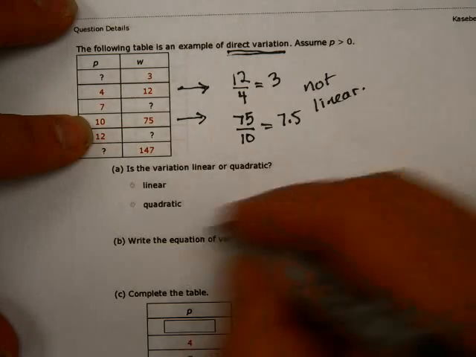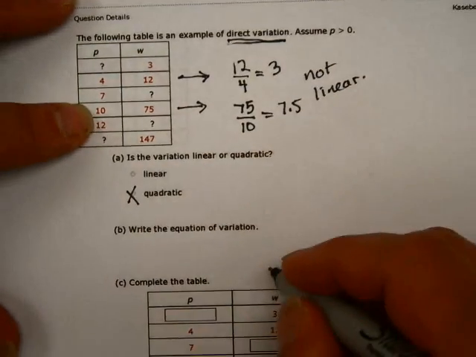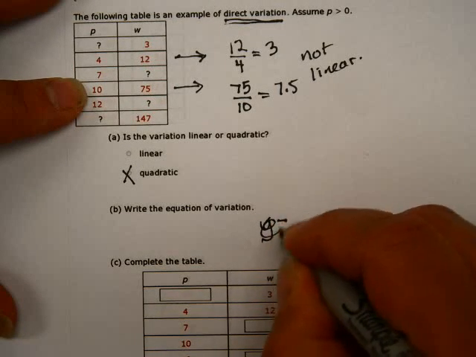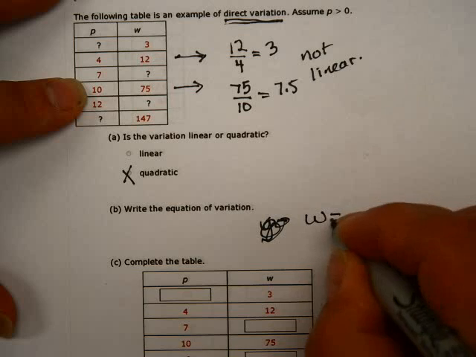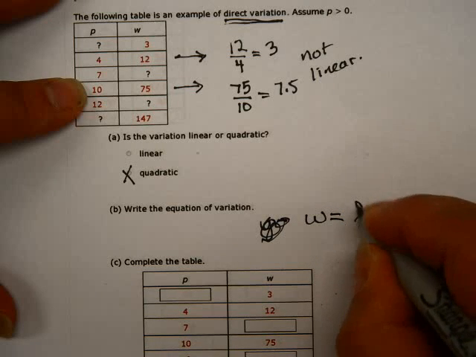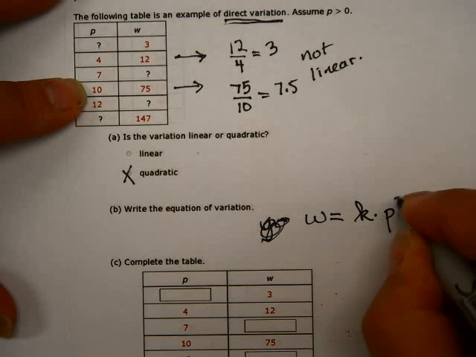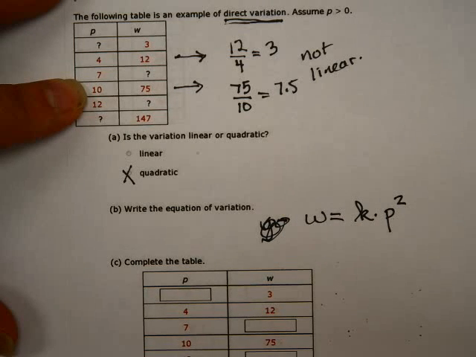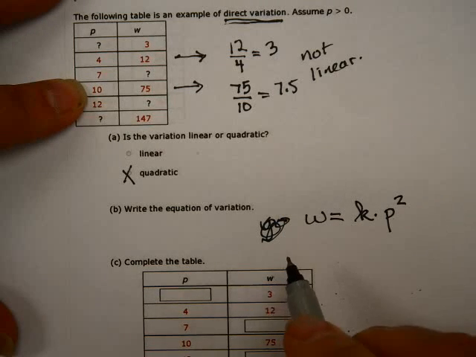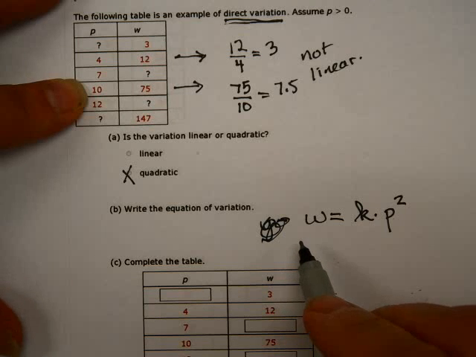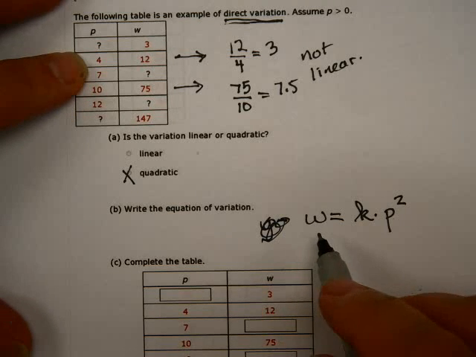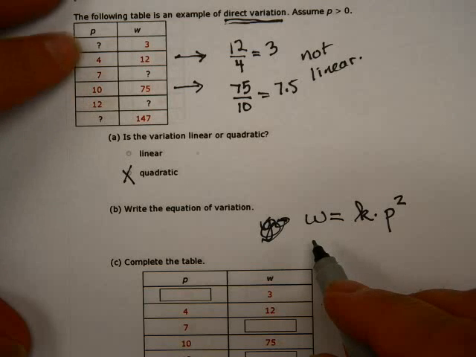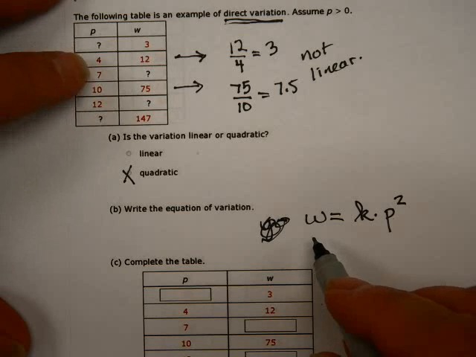Okay, so to find that equation, I'm going to use my general equation, my output being W and my input being P, and you know that this is quadratic variation, so W equals K times P squared. You could pick one of these points, either 4, 12 or 10, 75. Those are the only 2 points where I have both of them.